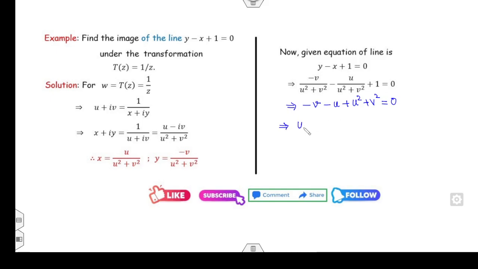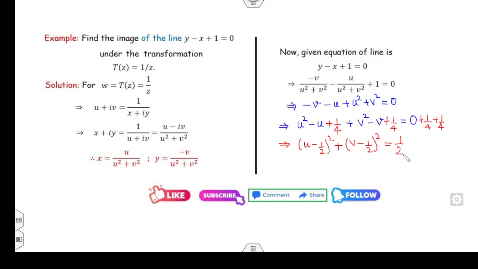I can make the pair u square minus u and v square minus v, which is equal to 0. Then you can complete the square. I can add 1 over 4, I can add 1 over 4 on this side too. The left hand side becomes u minus half whole square plus v minus half whole square, and this number is 1 over 2.